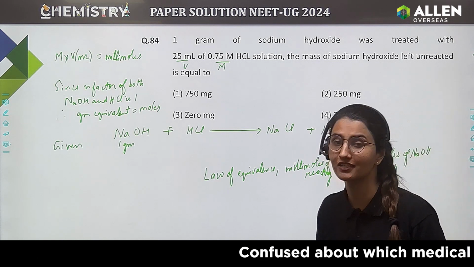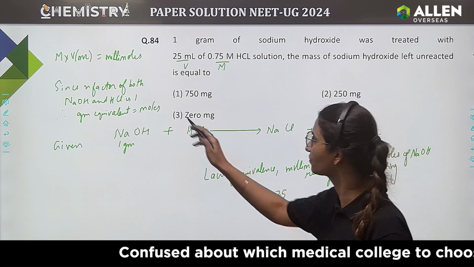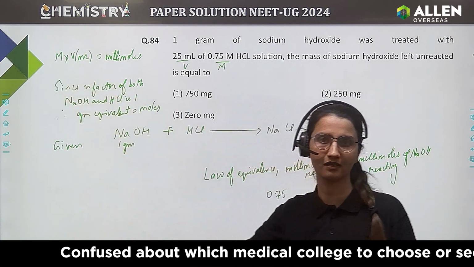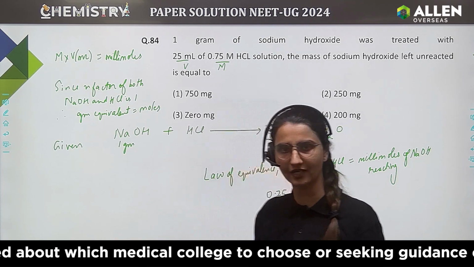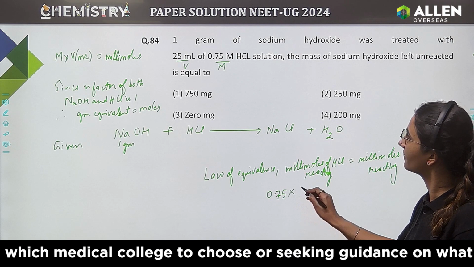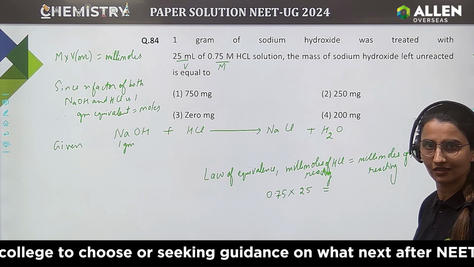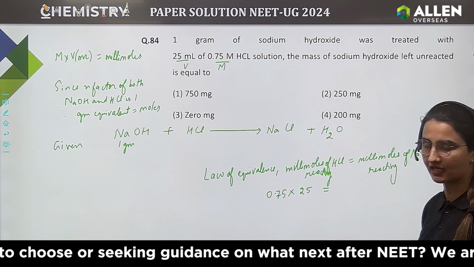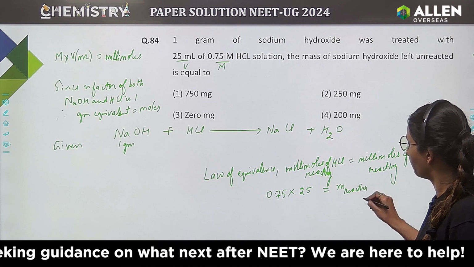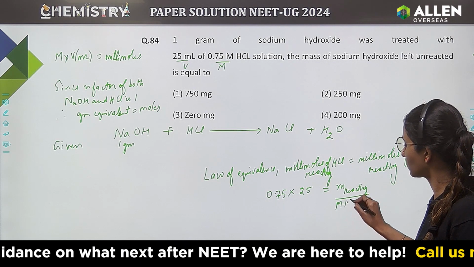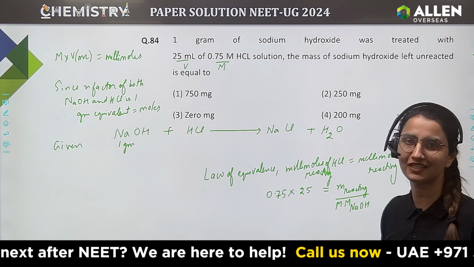How do I find it? For HCl, students, I've already told you, use this formula: molarity into volume in ml. If you use volume in liter, you get moles. If you use volume in ml, you get millimoles, right? 0.75 into 25 ml is the millimoles. So millimoles of NaOH reacting is also equal to mass reacting of NaOH by molar mass of NaOH. We know molar mass is 40.